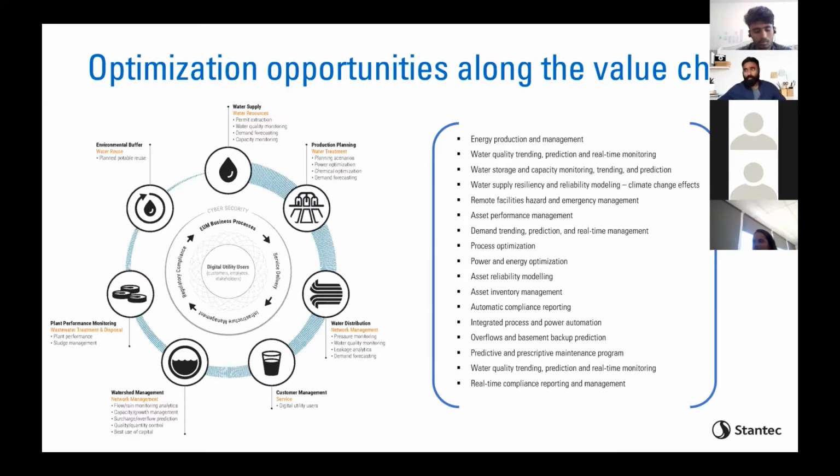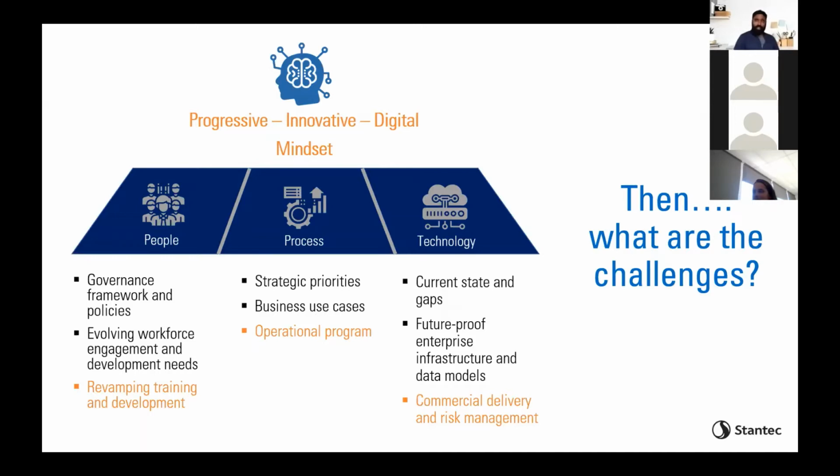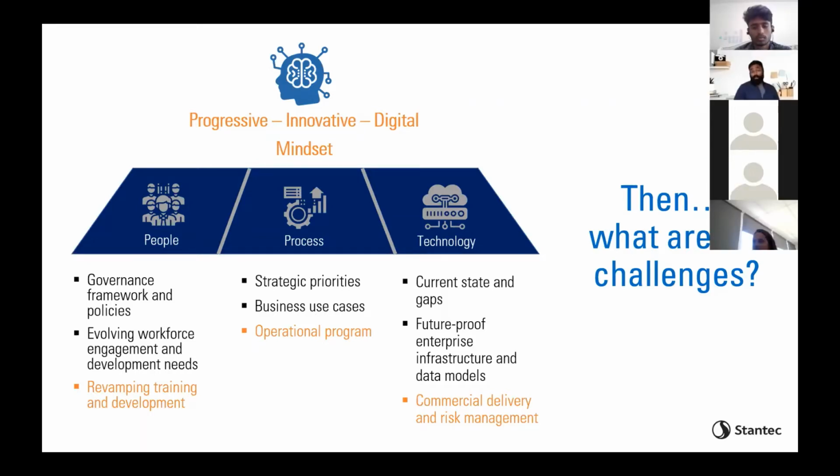So bottom line, what I'm trying to tell you guys here is, the technology is already out there. The techniques are already out there. But it's a matter of getting it executed in a methodical way that will help the water utilities achieve their business outcomes. So we talked about all these opportunities out there in the market space and what can be done and what needs to be done.